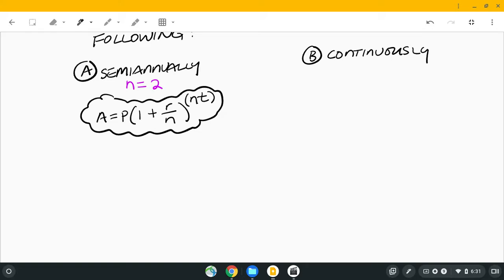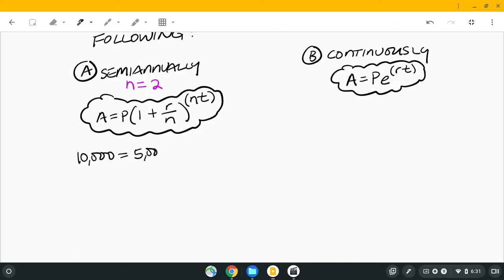And for continuously, we will be using this formula here, and again, we will be solving for T. So we said A is 10,000, P is 5,000, 1 plus rate 0.05 over N is 2, and then we have 2t here.